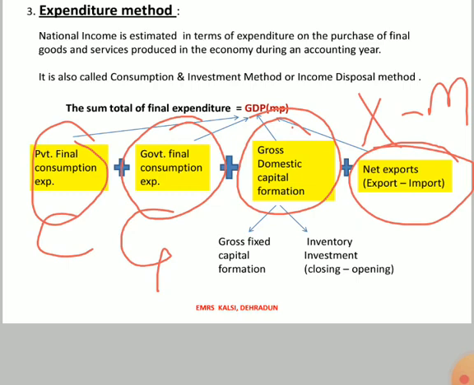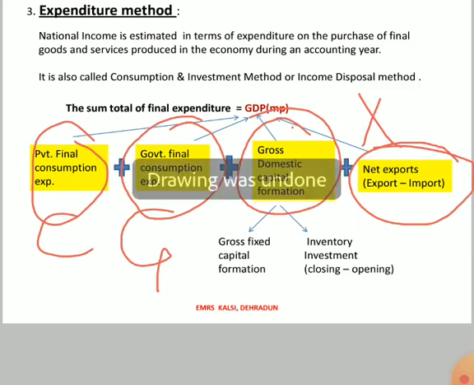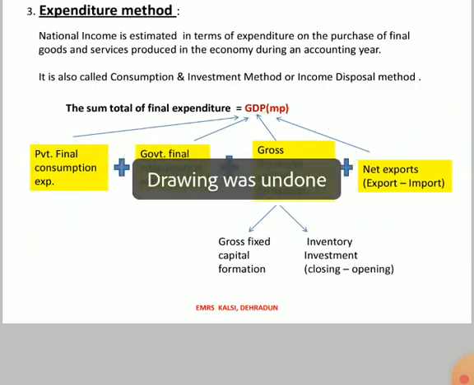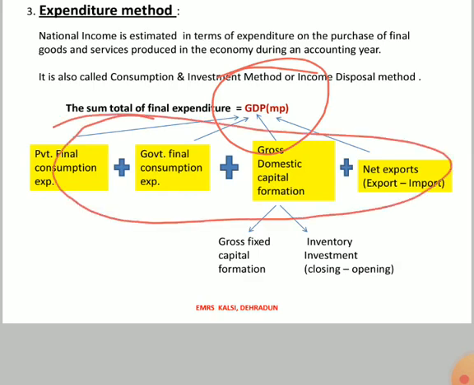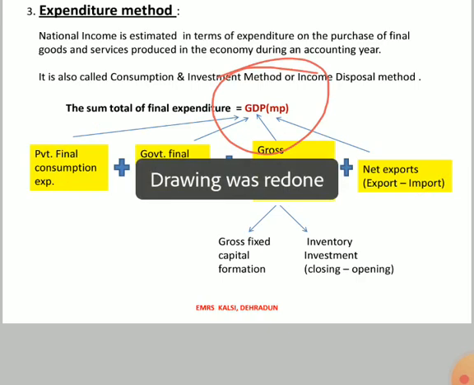By adding all these four components, we will get our value of GDP MP. Directly we cannot find the national income, but through this method we can. Directly by adding all these four, we will not get national income, but we will get GDP MP.